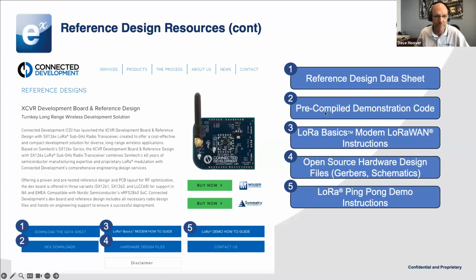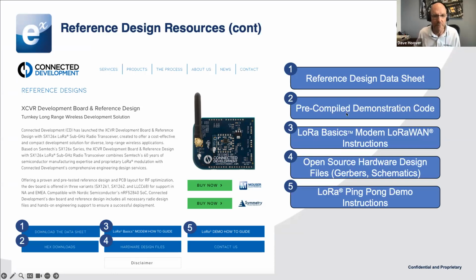The second thing is precompiled demonstration code. I'll get into what those demonstrations are in a few slides. But basically, I'm going to give instructions and show how to compile code, how to get it all done. I hesitate to say if you're lazy, but if you maybe don't have the time to go through that and set up all the resources and install tools, maybe you just want to get up and going quickly with the demonstration.